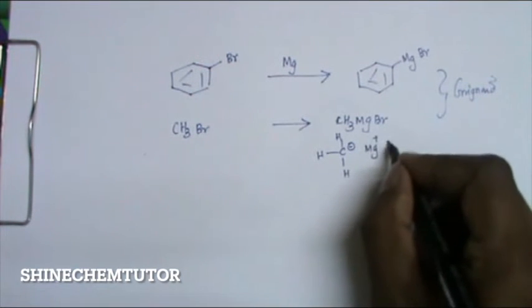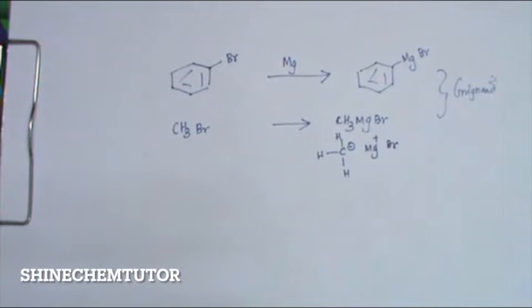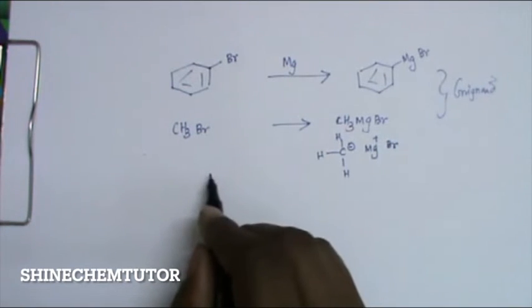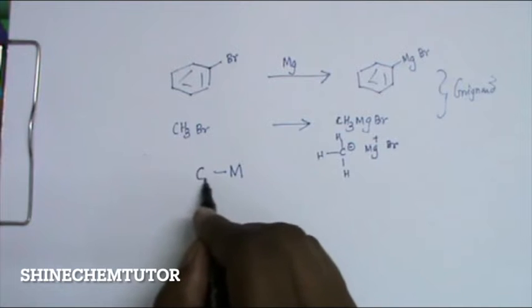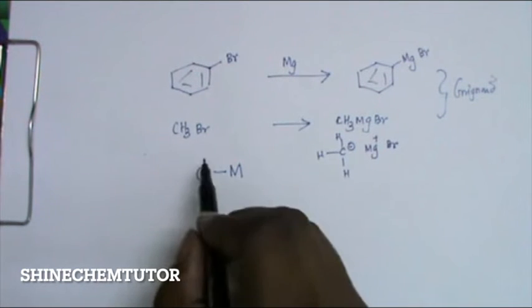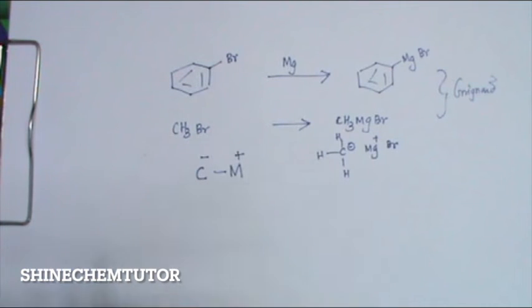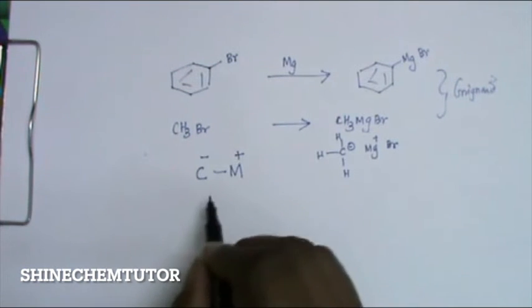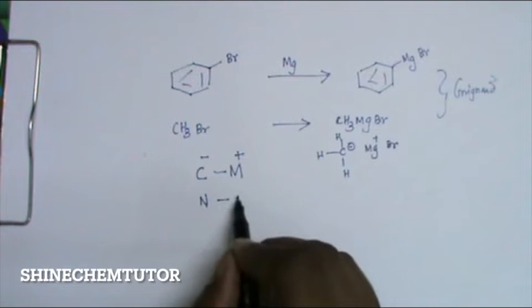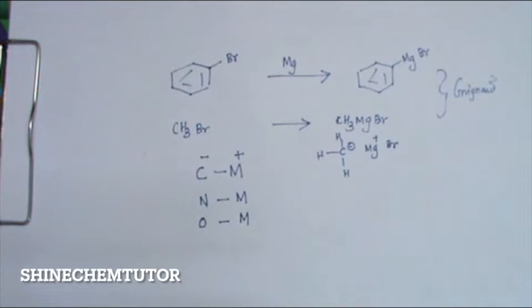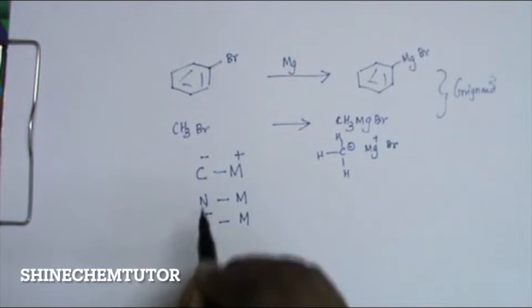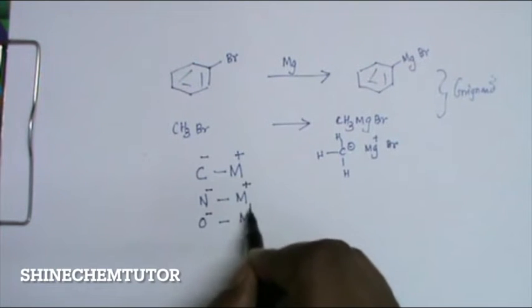Magnesium carries plus charge. Simply, we can say if there is any metal and carbon bond, the carbon will carry minus charge, metal will carry plus charge. Not only carbon, even you can go for nitrogen and metal, oxygen and metal. There will be minus charge on this atom, there will be plus charge on metal.